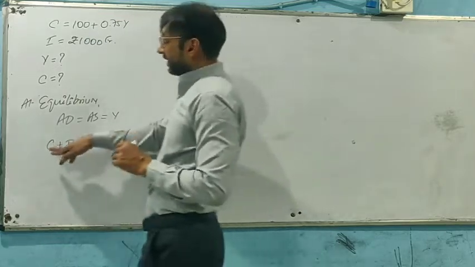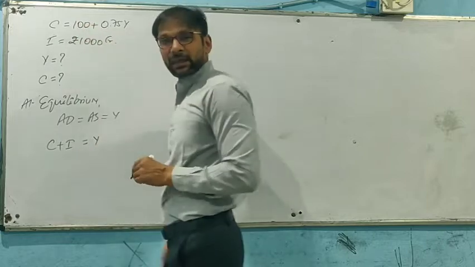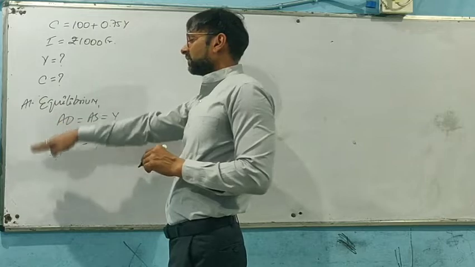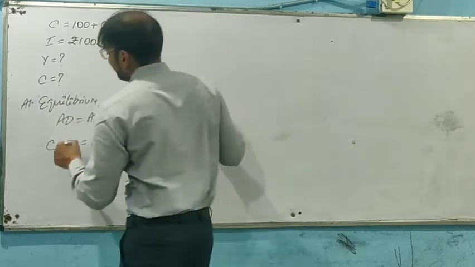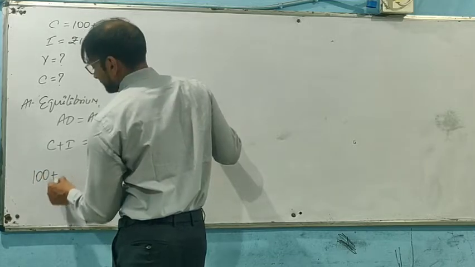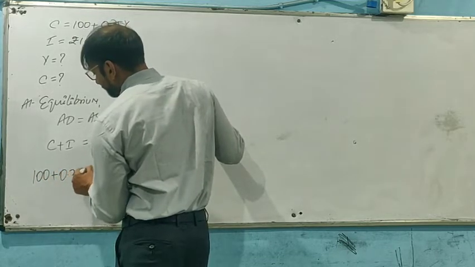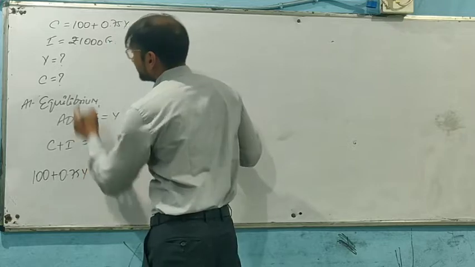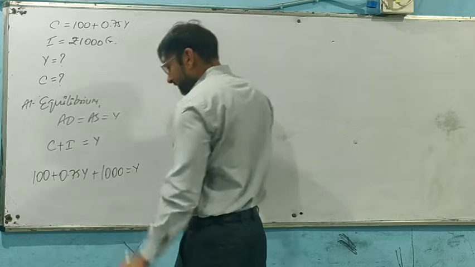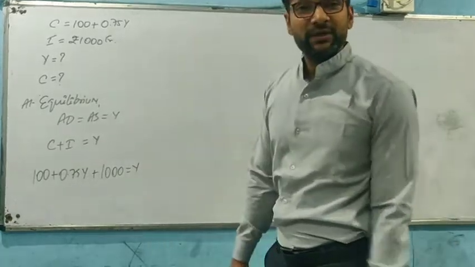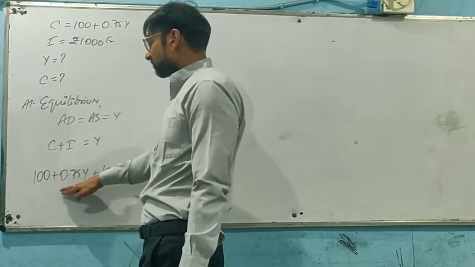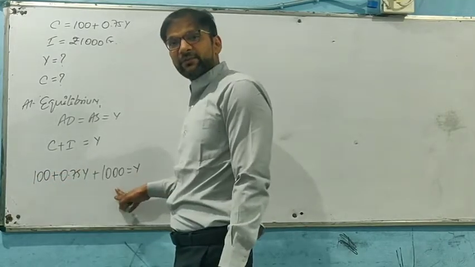And we can derive C from this consumption function. So we need to put the consumption function in this equation. C will be equal to 100 plus 0.75Y, plus I is 1000, equals Y. What have we done? We have just put the value of the consumption function, put the value of investment, and we obtained it.